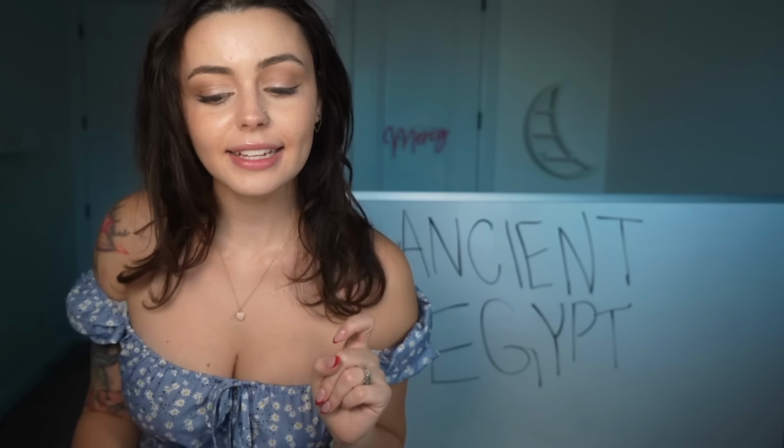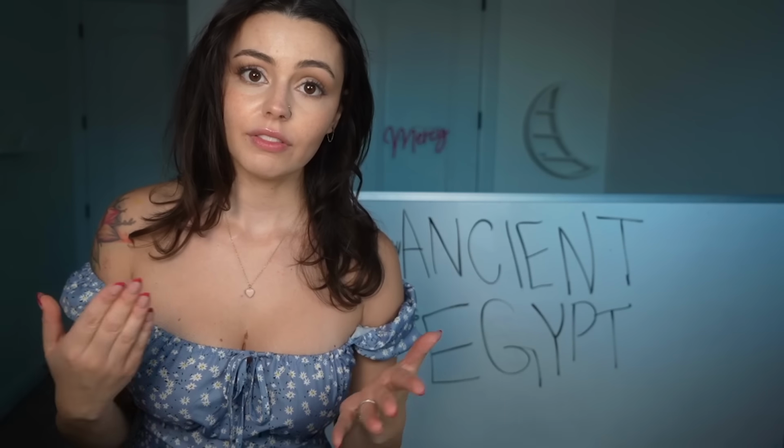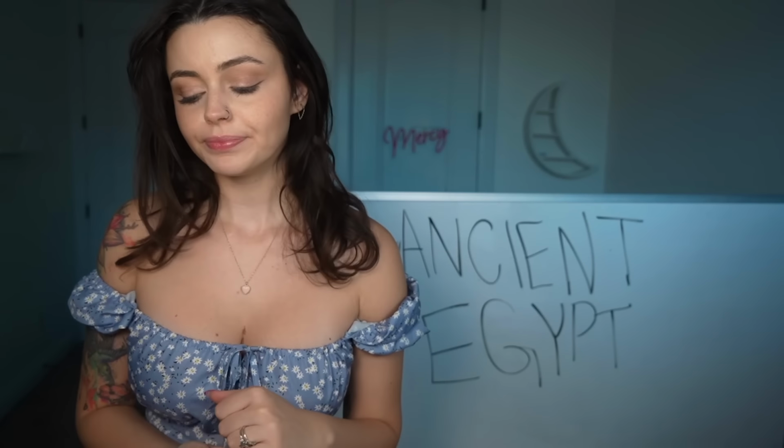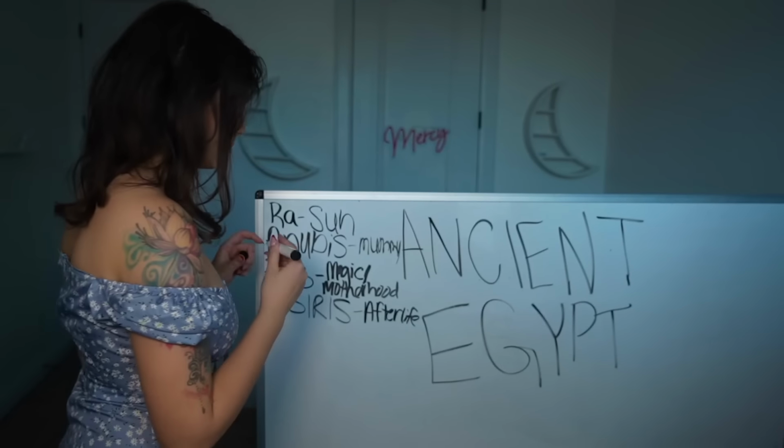And next, we have Horus, the son of Osiris and Isis, and he is the god of the sky and kingship.